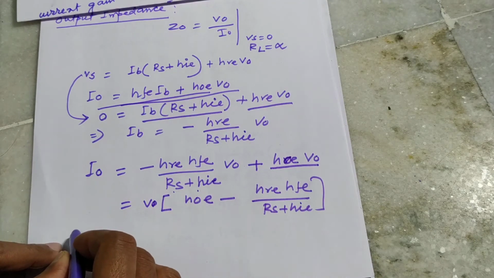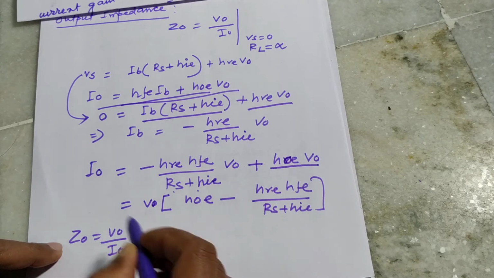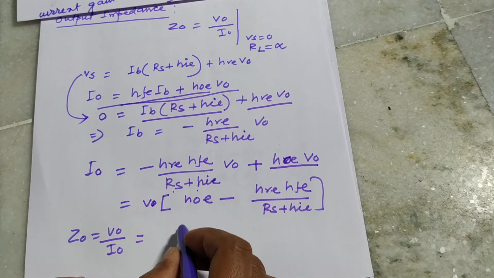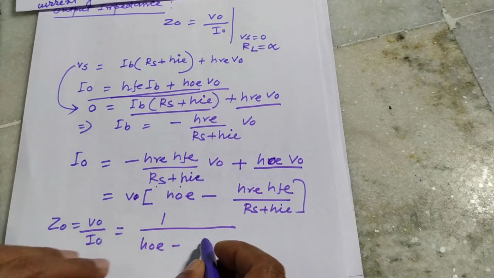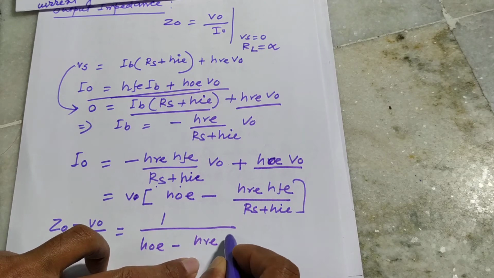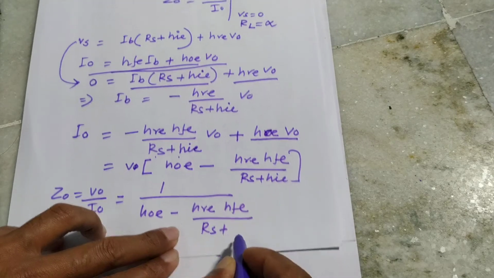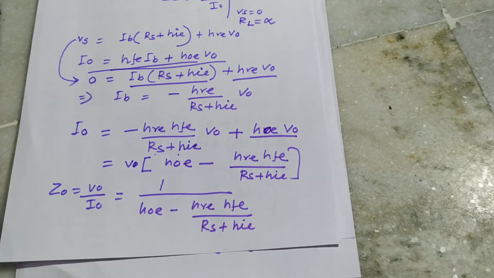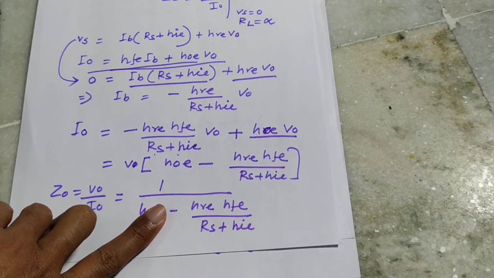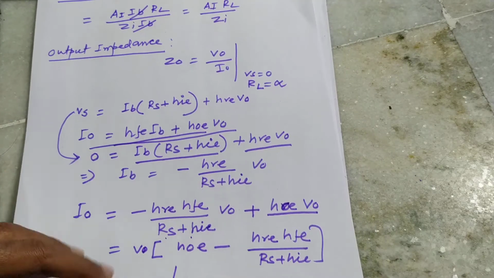Or the output impedance Z0 is equal to V0 by I0 is equal to 1 by HOE minus HRE HFE by RS plus HI. So this is the expression of the output impedance.